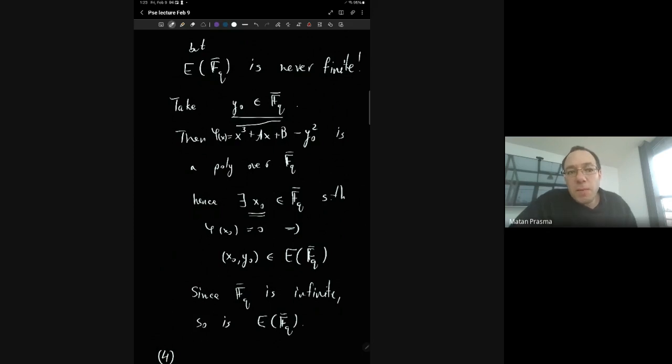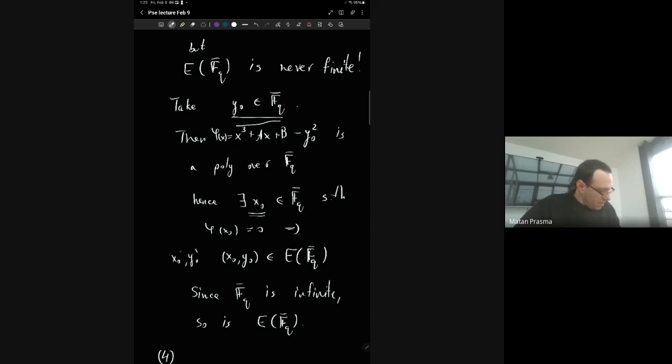They are all distinct points because if you take y0 and y0 prime that are different, then even if the x0 is the same, the y0 and y0 prime are different.